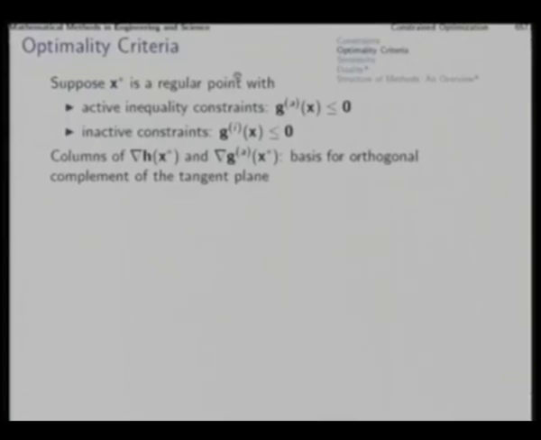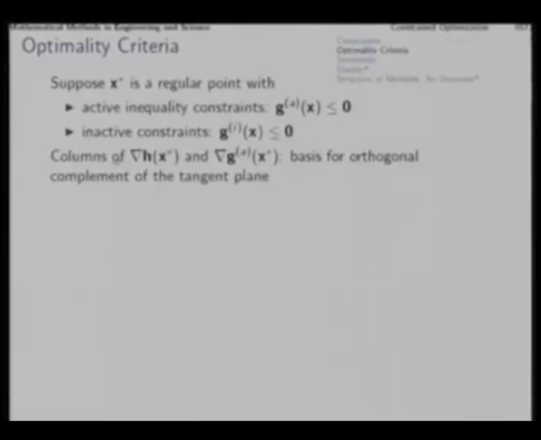So, all these together are the vectors to which a tangent plane vector must be orthogonal, right. This collection of gradient vectors is the full set of linearly independent vectors which must be orthogonal to any vector in the tangent plane.